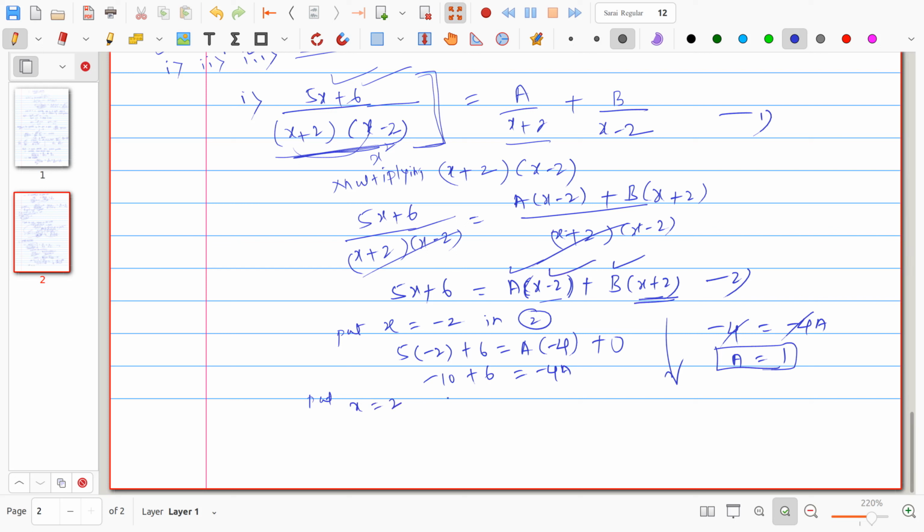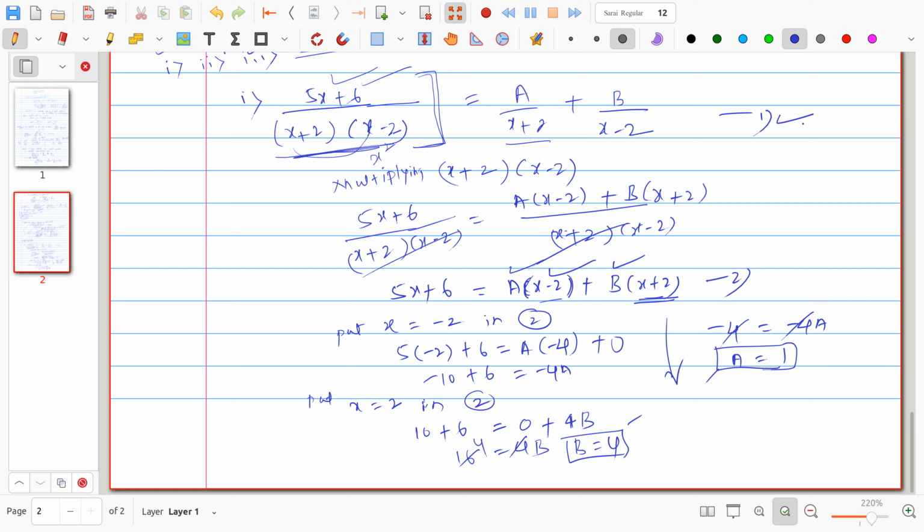Now I will put x = 2 in equation 2. Then it is 5 into 2 is 10 plus 6, and the A term is 0 and the B term is 4B. Then it is 16 = 4B, 4 ones are 4, 4 fours are 16, then B is 4. Okay, B is 4.